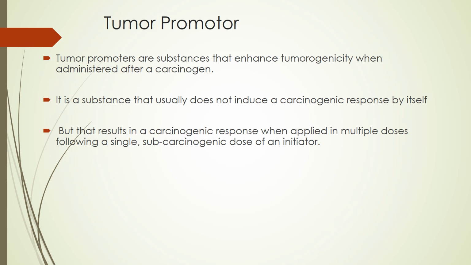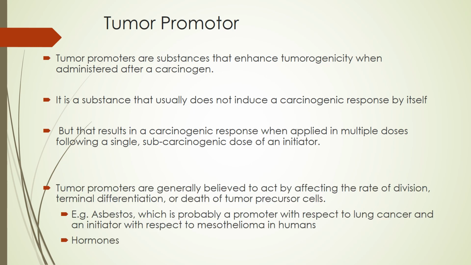So first, a low dose of carcinogen enters the body. This does not cause cancer, but it predisposes to its formation. Then if promoters are applied multiple times, this carcinogen becomes an actual carcinogen and causes the initiation of a cancer.